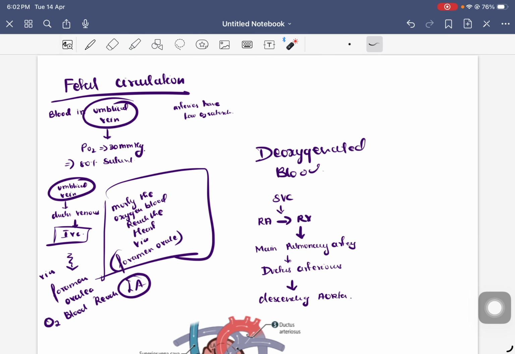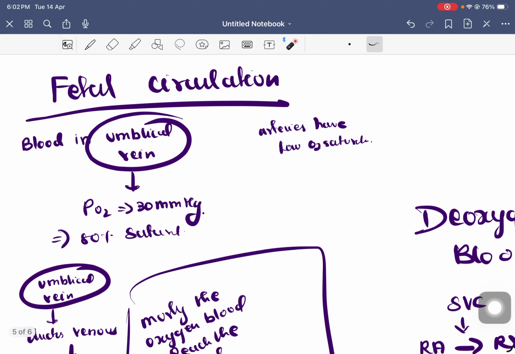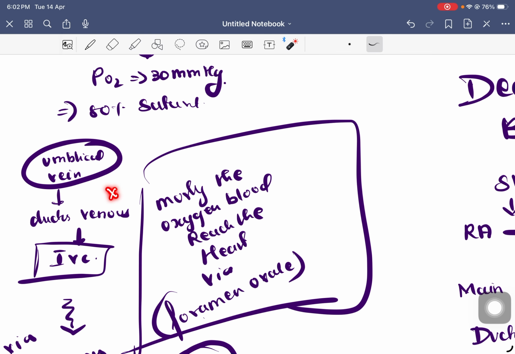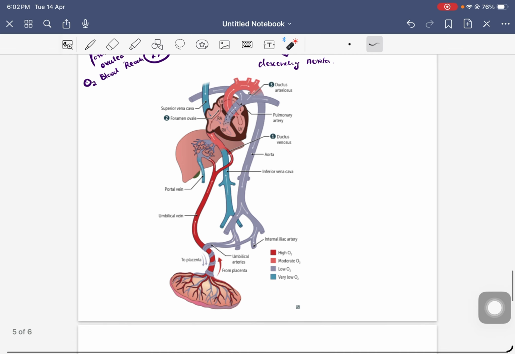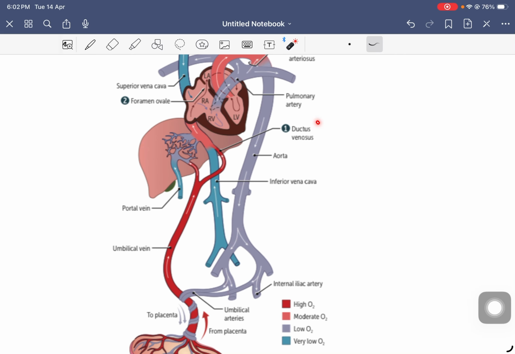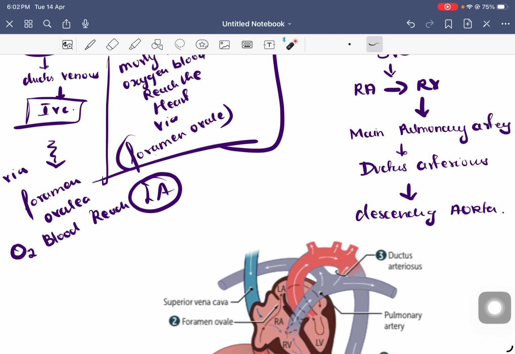Blood in the umbilical vein is mostly oxygenated blood, with a partial pressure of oxygen of 30 mmHg and 80% oxygen saturation. From the umbilical vein, the oxygenated blood will move to the ductus venosus, and from there it will go to the inferior vena cava.